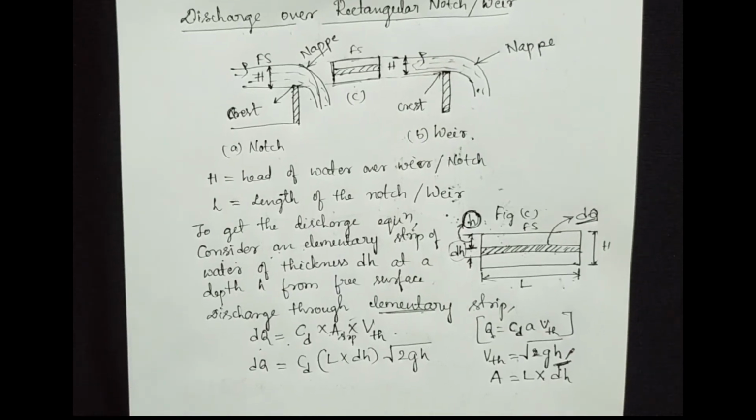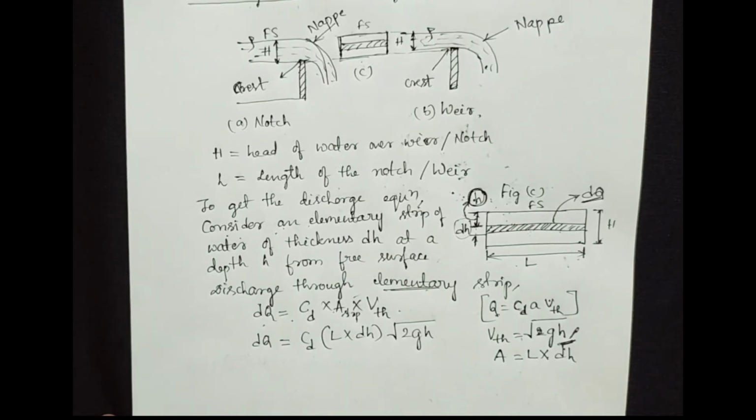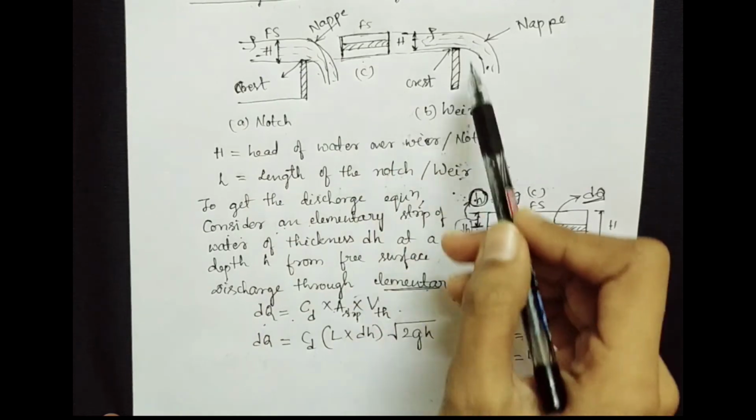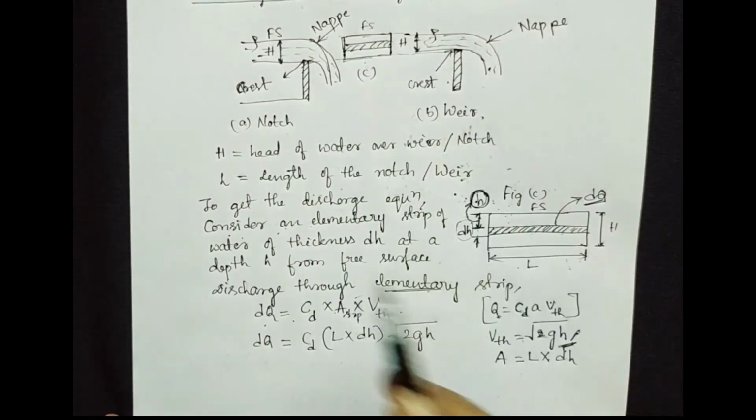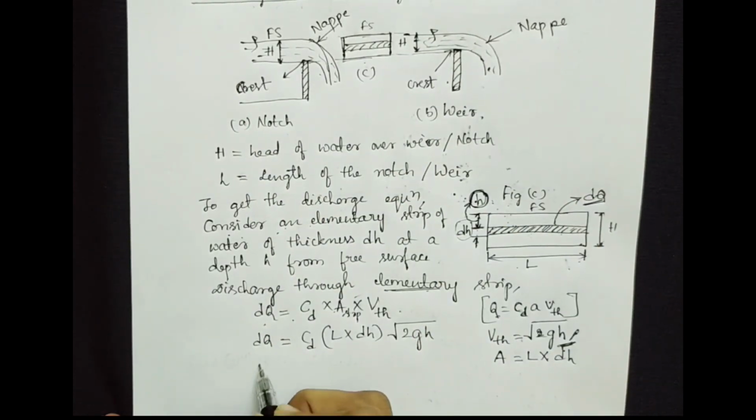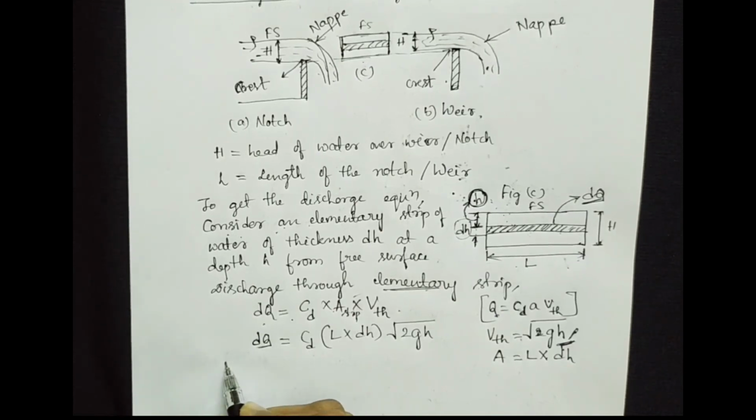Now we have to get the discharge through the entire rectangular notch. For that, we have to integrate the elementary discharge.